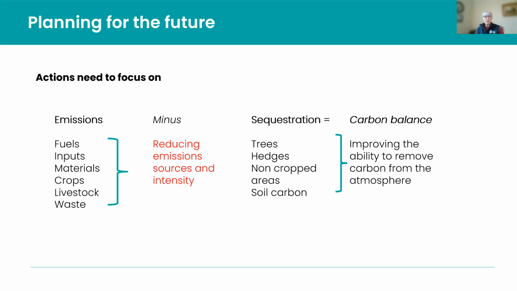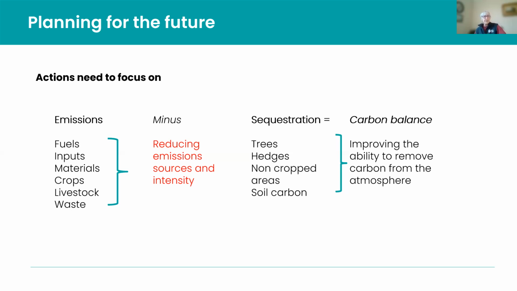Crops themselves emit, livestock definitely emits, and waste, by which I mean generally manures and compost. They can be both a source of emission, but they're also a source of improving soil health. So then the task is to reduce those emission sources, both in terms of them as sources, but also how much of them there are.